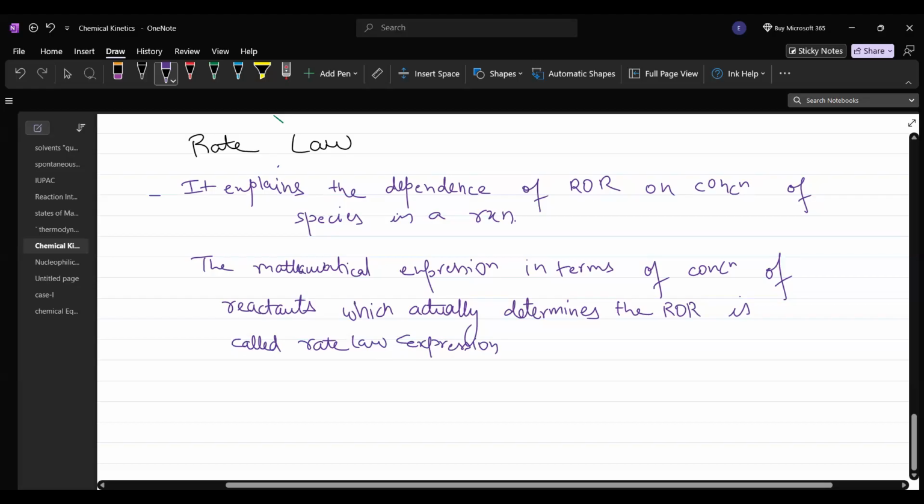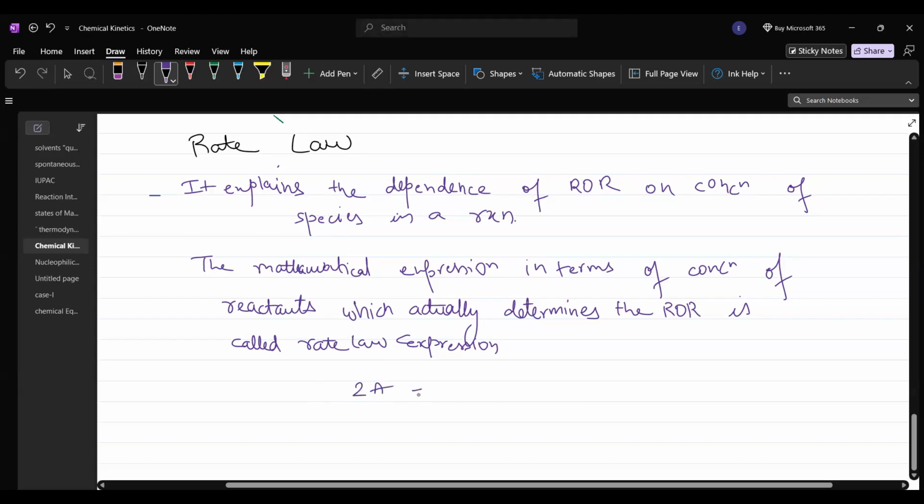So the big thing we have to understand here is what is rate law expression. Okay, and let me give you an example, we will understand it better.